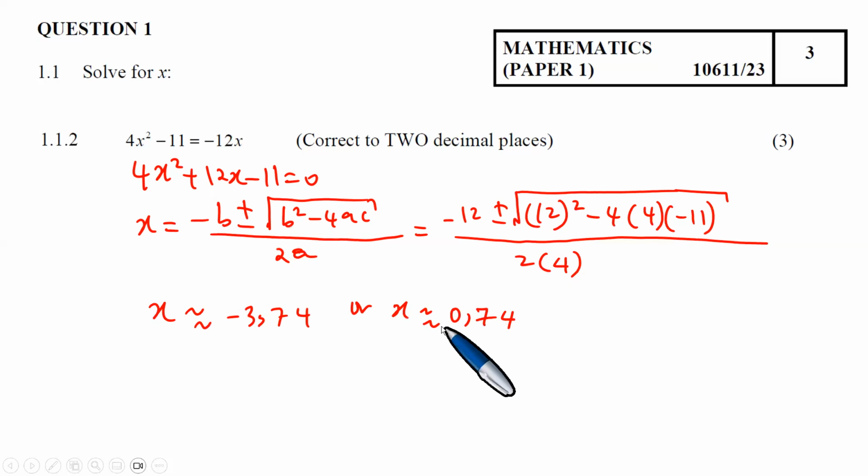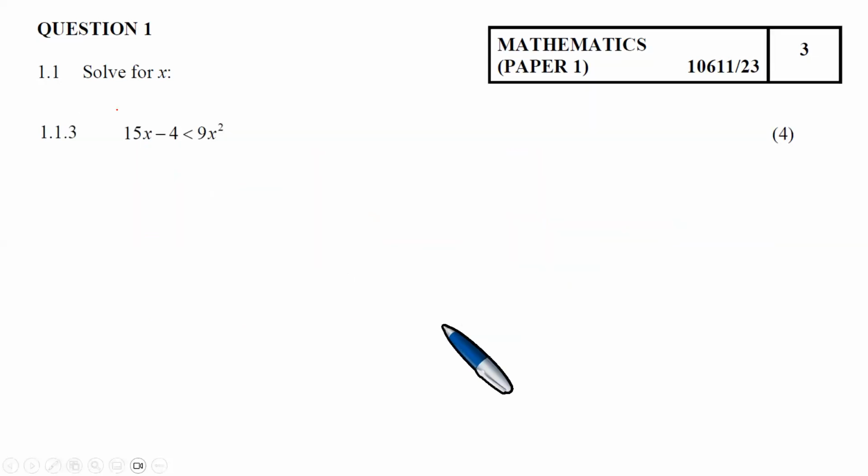Okay, next question. Right, to solve this particular question, we learn how to solve quadratic inequalities. We have these as follows. You can move all the terms to the other side of the inequality. If you do that, first you write 9x squared, minus 15x plus 4.